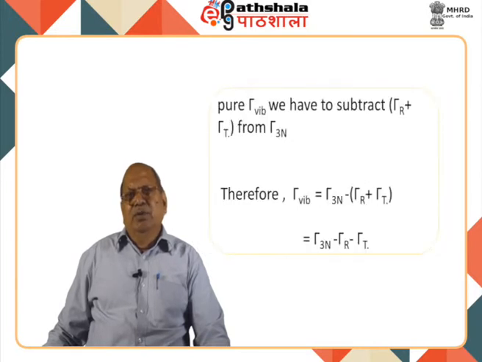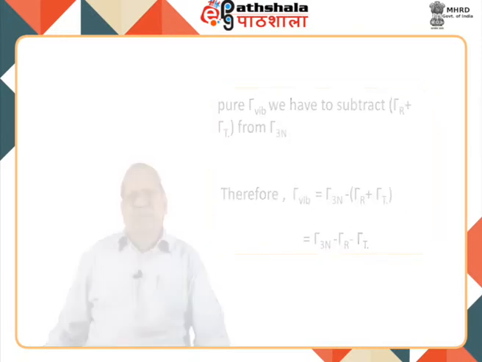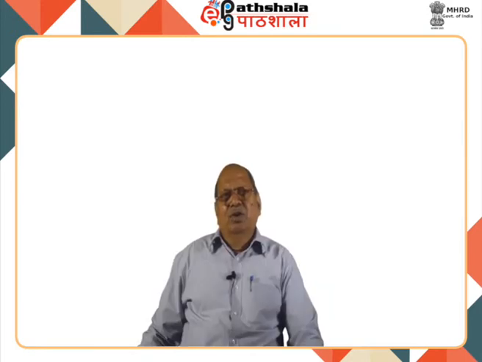In order to get pure tau vibration, we have to subtract the sum of tau r plus tau t from tau 3n. Therefore, tau vibration is equal to tau 3n minus the sum of tau r plus tau t, or tau vibration is equal to tau 3n minus tau r minus tau t. How to find the sum of tau r plus tau t?